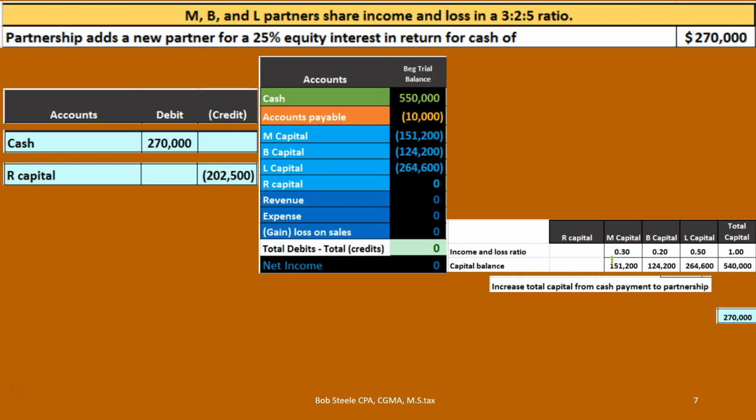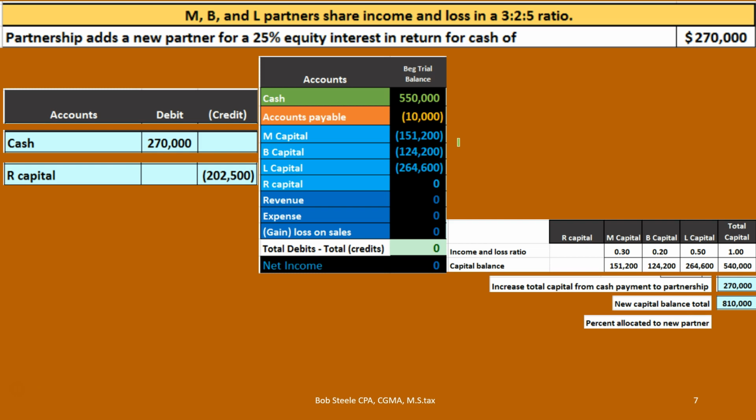So then the new partner comes on the books and it's going to give the partnership $270,000. Therefore, the book value, the cash, is going to go up. The assets are going to go up by $270,000, and the assets minus liabilities then will be at $810,000. That means that our new capital accounts at the end of the day, after the transaction has happened, need to be at $810,000.